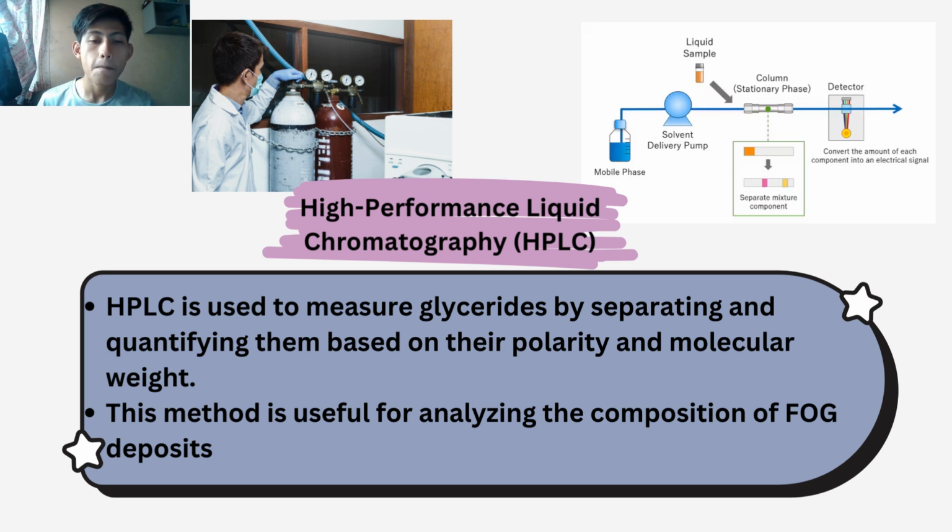HPLC columns are packed with a stationary phase that interacts differently with analytes based on their polarity. Glycerides, being non-polar compounds, will interact less strongly with a polar stationary phase compared to the more polar compounds. This allows glycerides to be separated from other components in a sample.